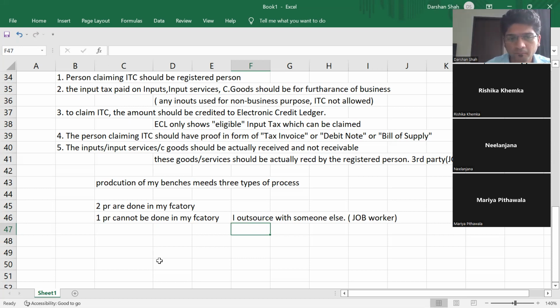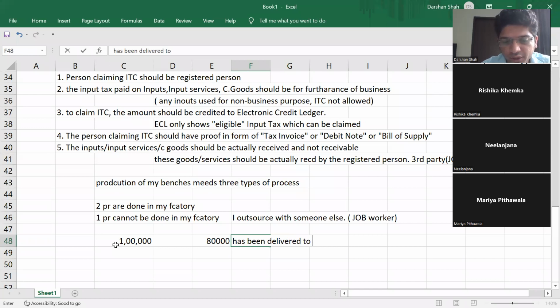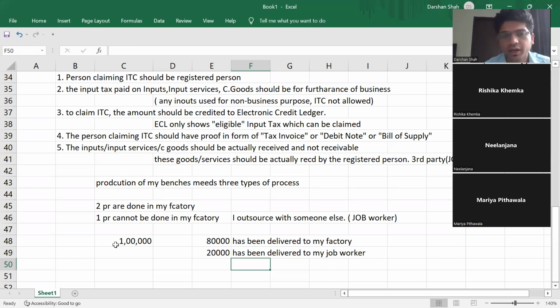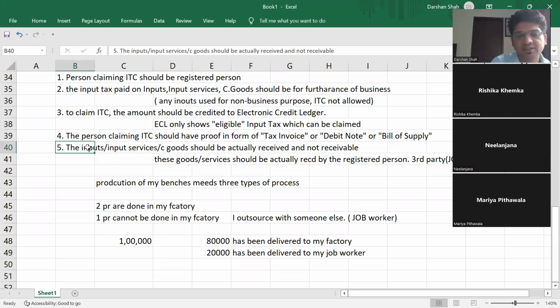Understood this? Okay. So now I have purchased wood worth rupees 1 lakh. 80,000 has been delivered to my factory, and 20,000 has been delivered to my job worker. Now what does point number 5 say? That the input services or capital goods should be actually received, right?